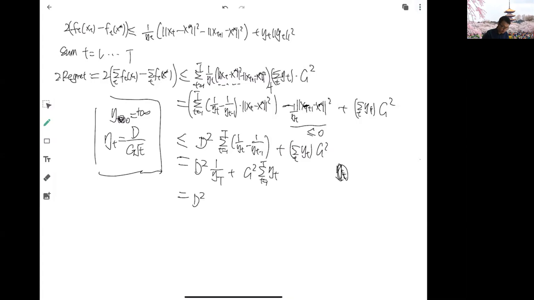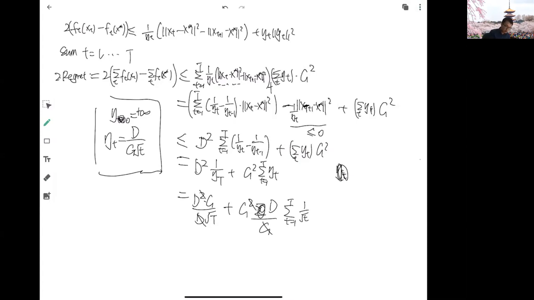We get D G square root of T. On the second term, we have G squared multiplied with D over G, these two got canceled, and then we are left with the sum of t from 1 to T of 1 over square root of t.